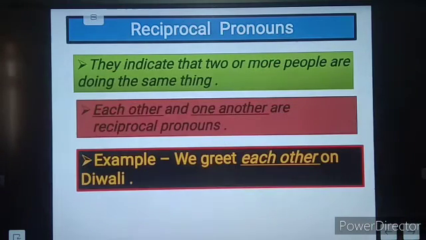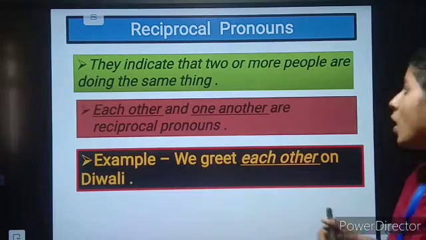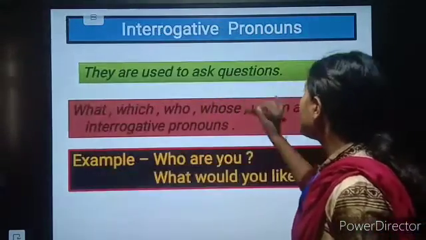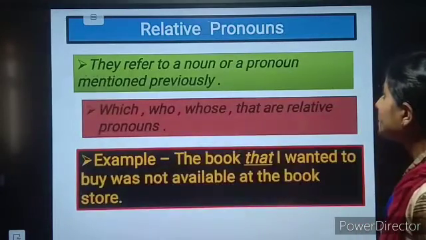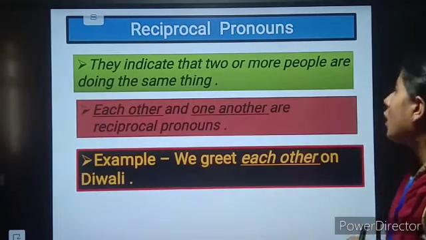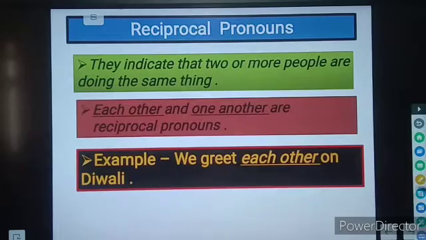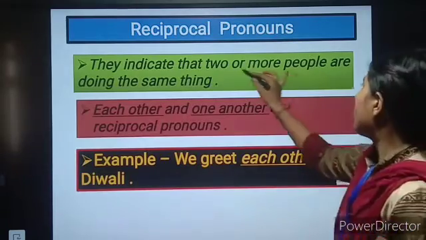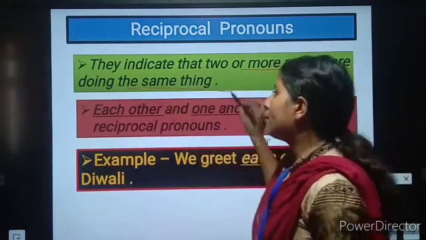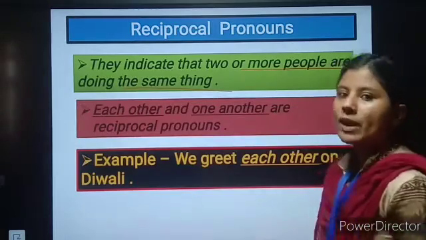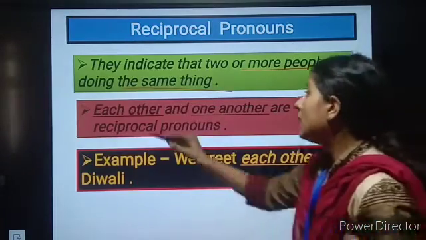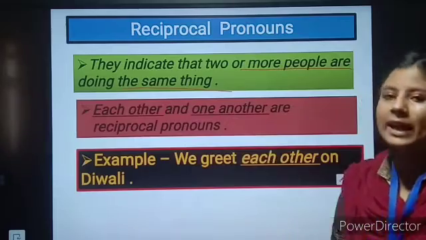Now the next is reciprocal pronouns. Students, reciprocal pronouns indicate that two or more people are doing the same thing. Some of the examples of reciprocal pronouns are each other and one another.